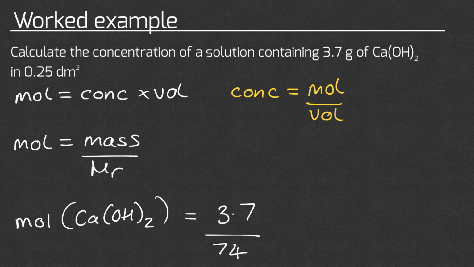So the moles of calcium hydroxide will equal the mass of 3.7 divided by the relative molecular mass of 74, and you could calculate that by adding up the relative masses of each of the components of calcium hydroxide, giving us a moles value of 0.05.